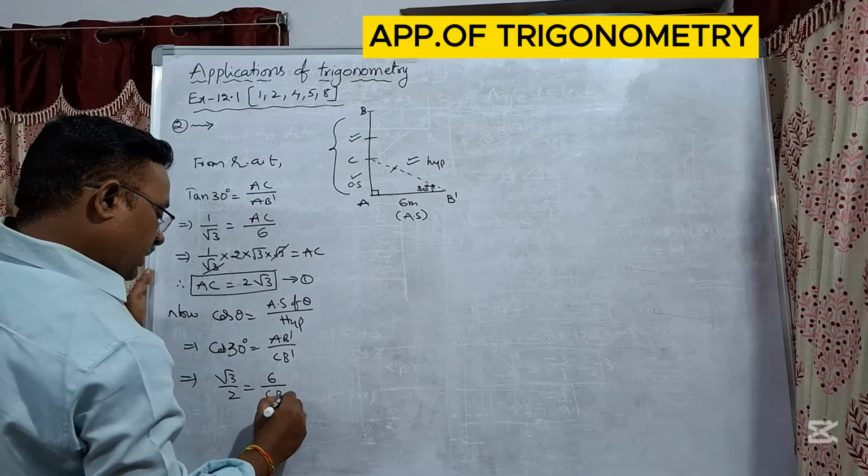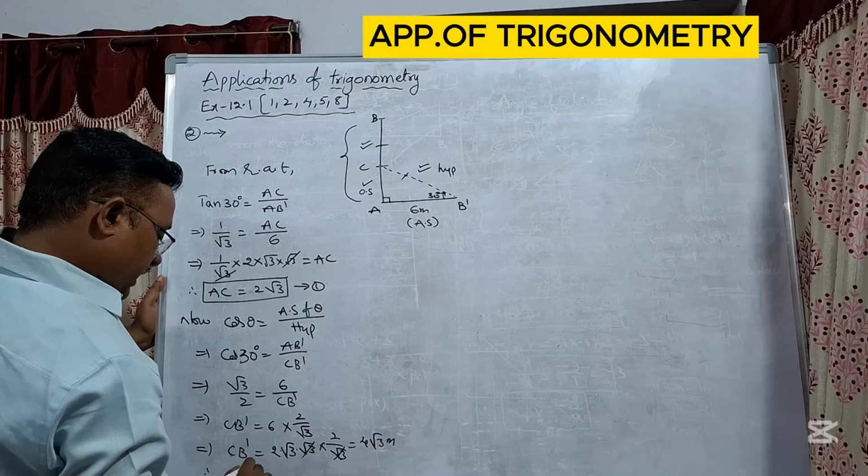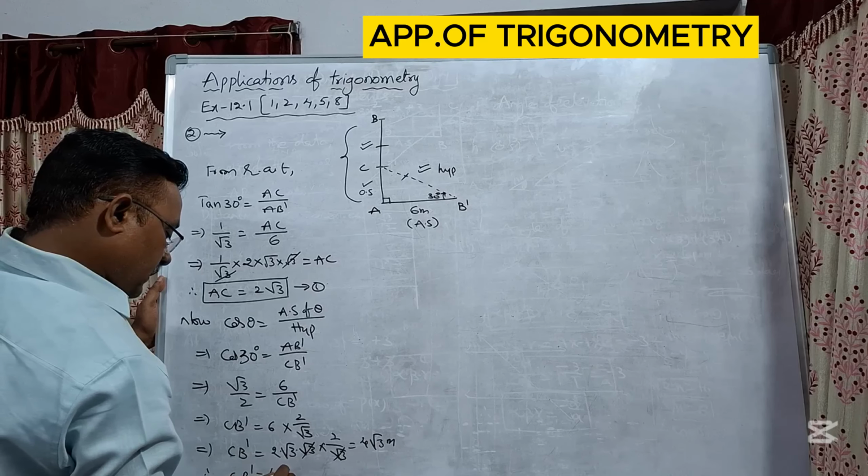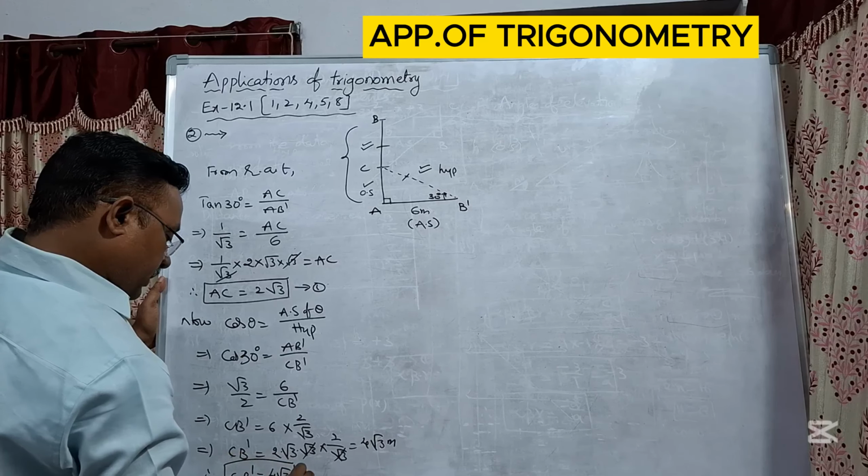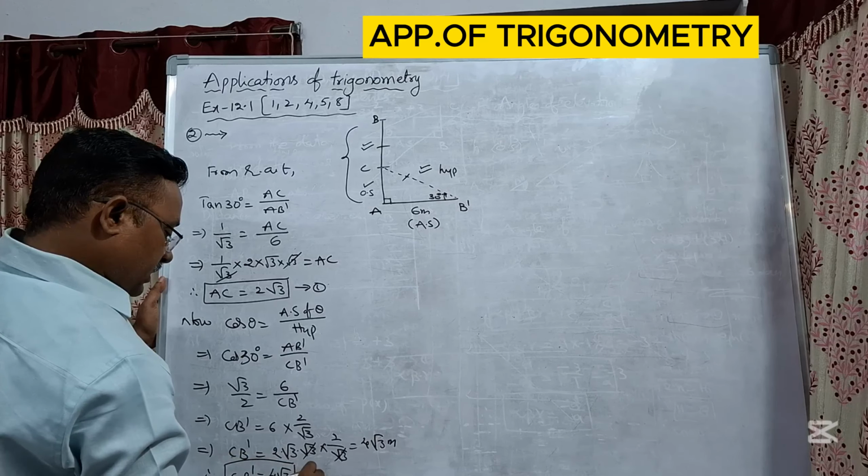Now CB dash is equal to 6, which can be written as 2 into root 3 like here, into 2 by root 3. Root 3 gets cancelled, finally it gives 4 root 3 meters. That is the CB dash value, 4 root 3 meters. That is the second part of the tree, equation 2.